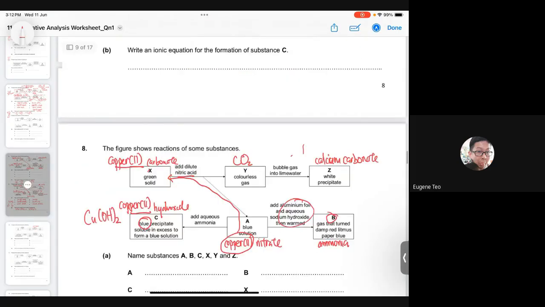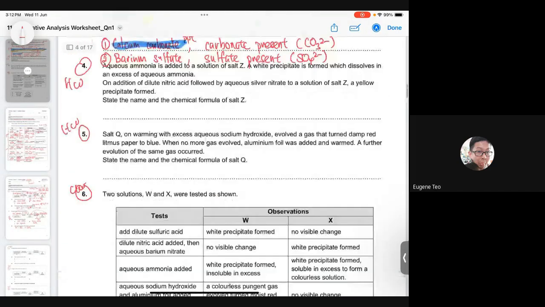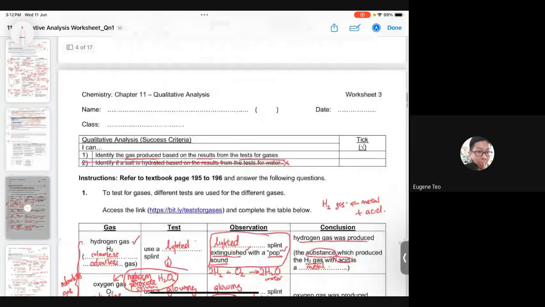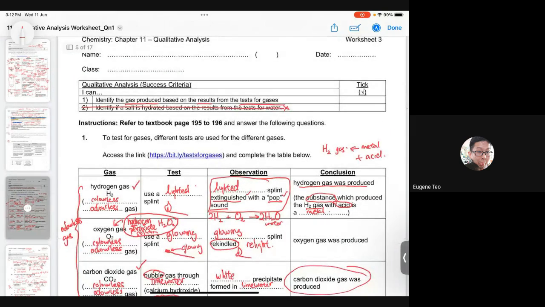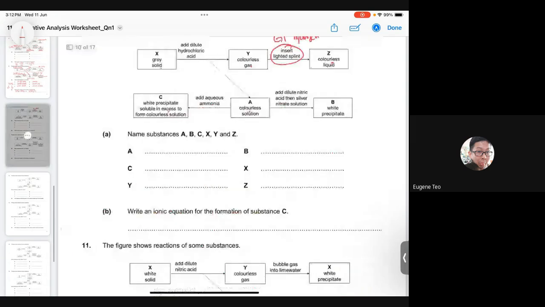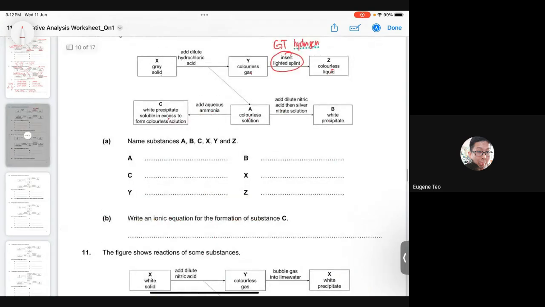If you scroll back all the way to the top where I mentioned the gas tests, you will realize that when I spoke about hydrogen, I did mention that when your lighted splint is extinguished or gives a pop sound, you actually get water produced. So the hydrogen gas test is actually about hydrogen reacting with oxygen in the air to give you water.